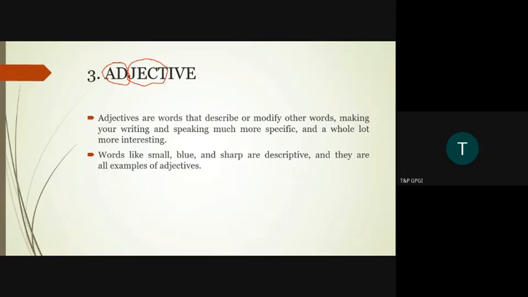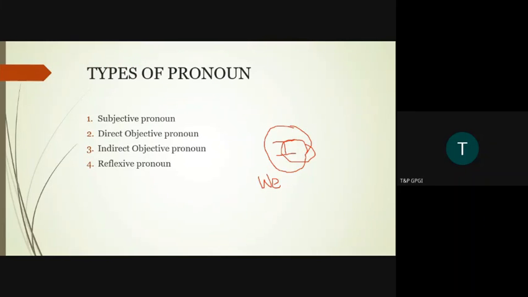I said, for instance, I is a subject pronoun, and them is an object pronoun. You will notice that ject is in both parts, in subject and in object.